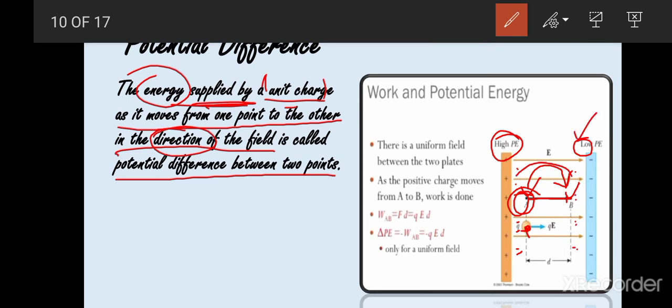So the difference between any 2 points through which the charge is moving, let's say in this case from point A to point B, the energy supplied by that charge will be equal to the potential difference between 2 points.